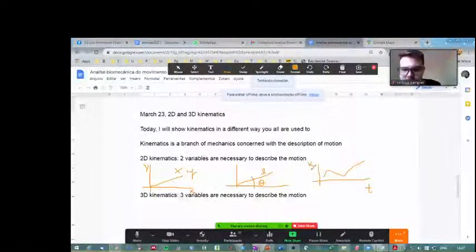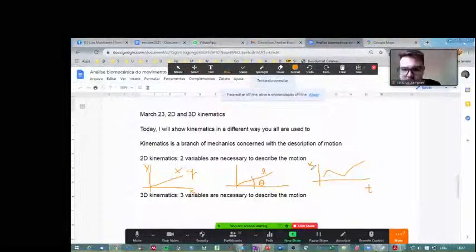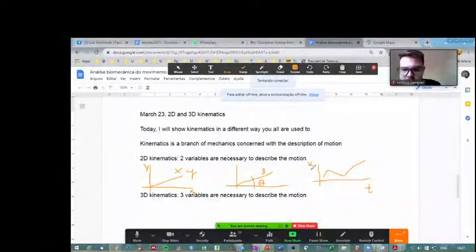Okay, and in fact we can use a different combination of variables to describe the same movement. So this is equivalence. It doesn't matter, this is reference system 1, and this is reference system 2.